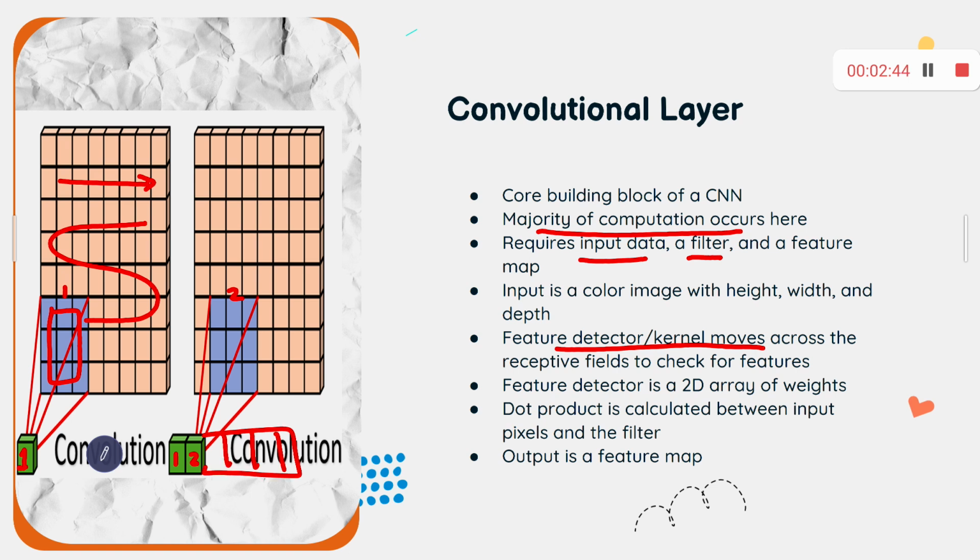It is a dot product calculated between the input pixels and the kernel, and the output is a feature map. Different features are collected, like height, width, lines or edges. Everything you can collect through this layer itself.